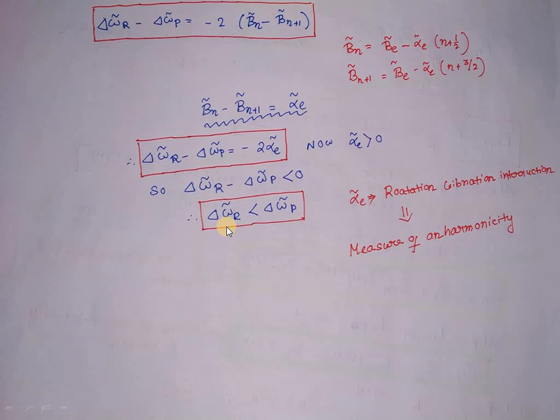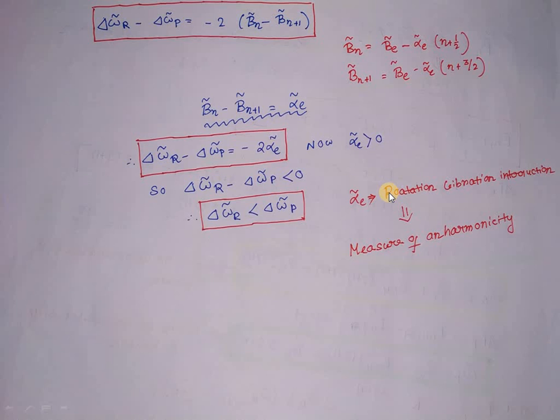The difference between delta omega R and delta omega P is directly proportional to the rotation vibration interaction, which is a measure of the anharmonicity in the vibrational potential energy surface.